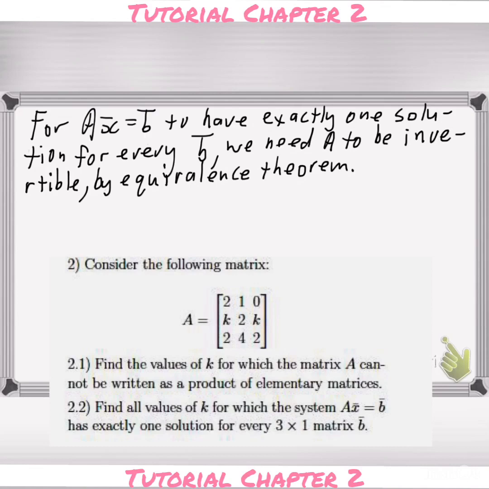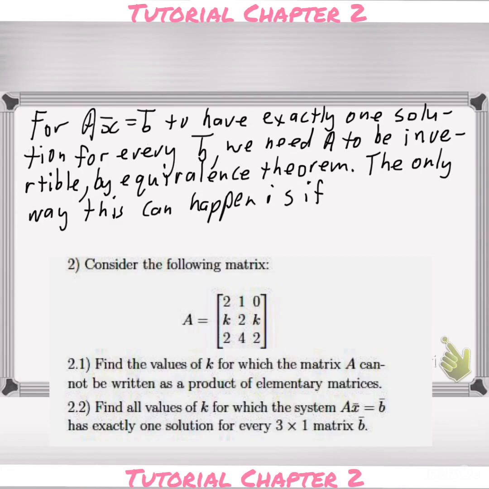Okay, the only way this can happen is if the determinant of A is not equal to 0.